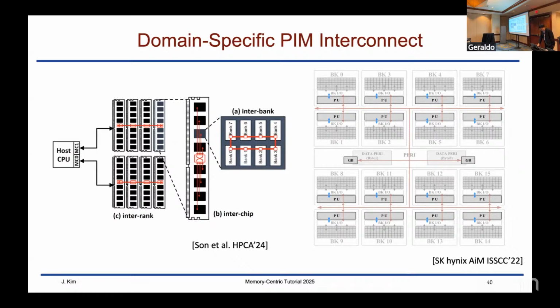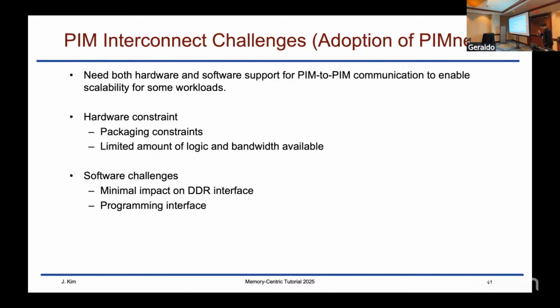So I would argue it's not the most straightforward way because there are going to be many challenges. There are obviously going to be hardware challenges. I wanted to use the word adoption of PIM, but I changed that slightly to say adoption of PIMNet. It's not going to be straightforward, but I would argue that the benefit of introducing this sort of interconnect could be great because it can allow different types of applications to leverage PIM.